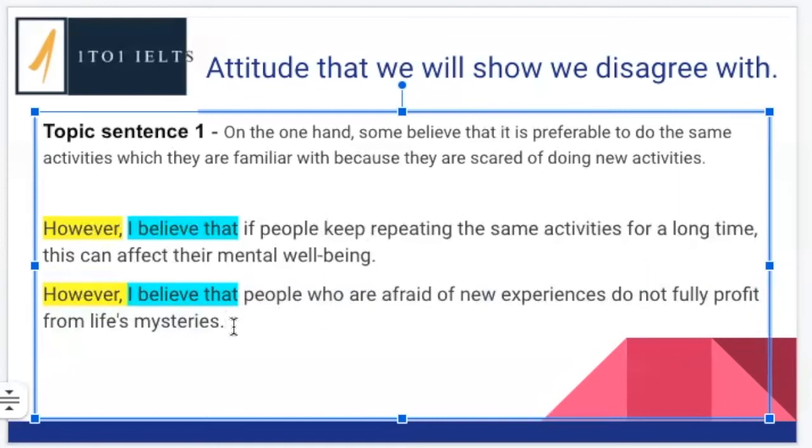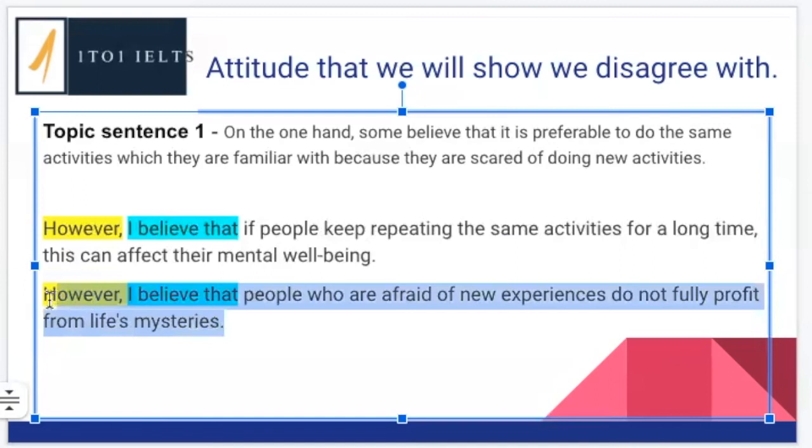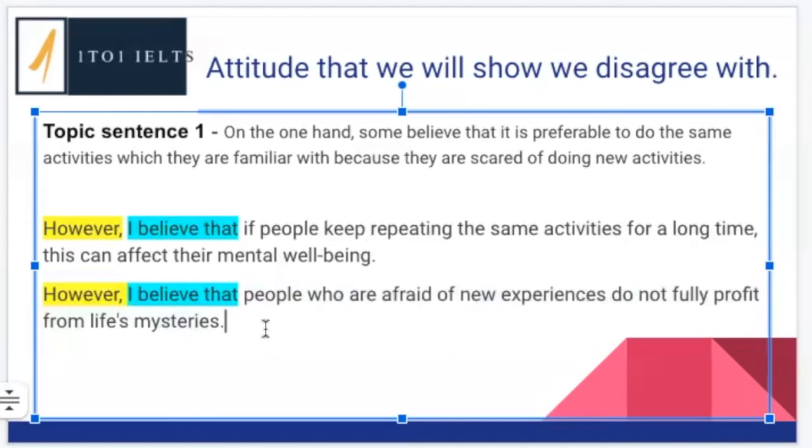I just think giving a counter argument is a more advanced writing technique. If you are someone who is looking for band 8s and band 9s, I would say go for this. Or the band 9s especially. If you want 8.5s or 9s, you want your opinion statements to show counter argument.